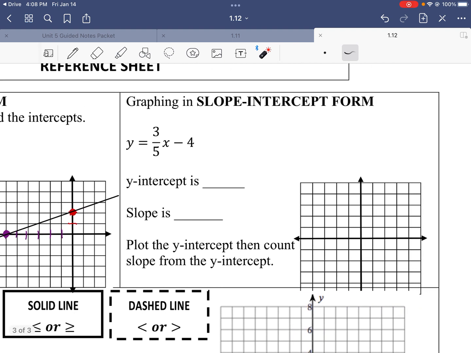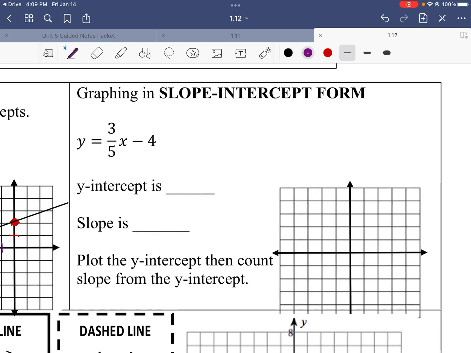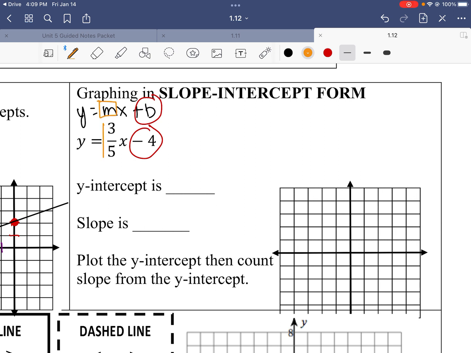Okay. So let's talk about graphing in slope-intercept form. You guys are usually a little bit more comfortable with this one, but let's just go over it again. Slope-intercept form happens when you have y equals and then other stuff. Now remember, this is the form y equals mx plus b. So b is always going to be your y-intercept, and m is always going to be your slope.